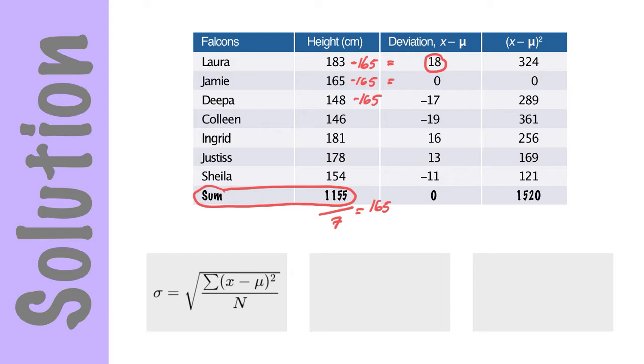To create the standard deviation, you square that difference and add it all up, so it becomes 1520. So the calculation is the square root of 1520 over the number of players, which is 7, and so that is 14.7. So that is the Falcons.